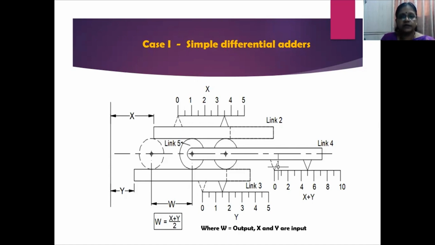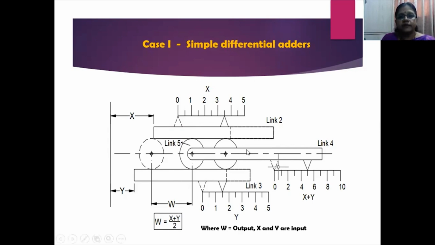Now in this mechanism, let us say this is a fixed frame, that we can call link 1. You have link 2, a bar, and link 3 also a movable bar. So link 2 and link 3 are movable links or movable bars.